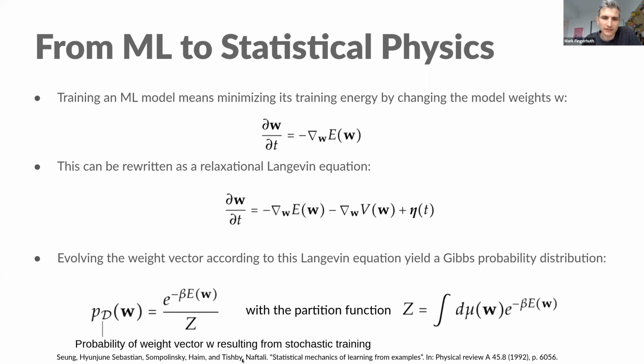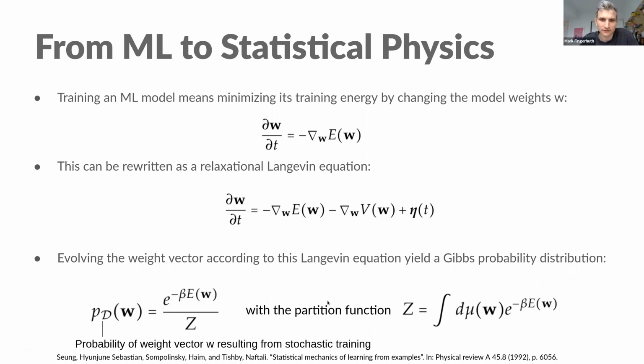And then over the years, specifically in a paper by Naftali Tishby, which was one of the early ones in the 1980s and 90s, they reframed this equation as a relaxational Langevin equation, where they introduced this potential V, which represents a prior on the weights, and this term eta, which allows us to introduce some noise to the training process. If you now take this Langevin equation and evolve this weight vector W according to it, it yields a Gibbs probability distribution given by this equation here, P(W|D).